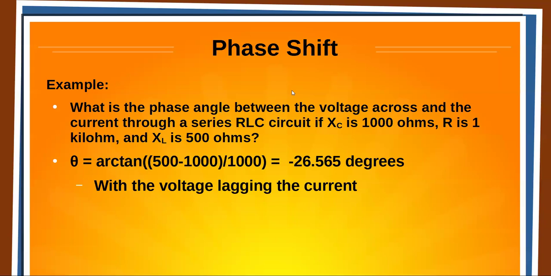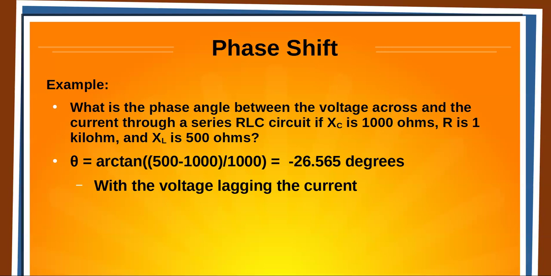Okay, so the phase shift is the phase angle between the voltage across and the current through that RLC circuit. So what is the phase angle if the capacitive reactance is 1,000 ohms, R is 1 kiloohm, and the inductive reactance is 500? So we want to find the phase angle, so we take the arctangent of the reactance divided by the resistance.